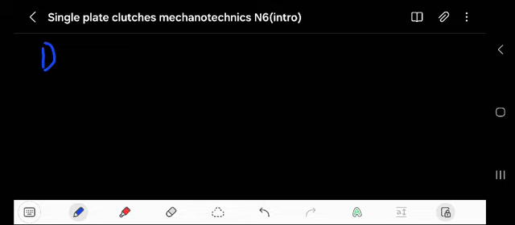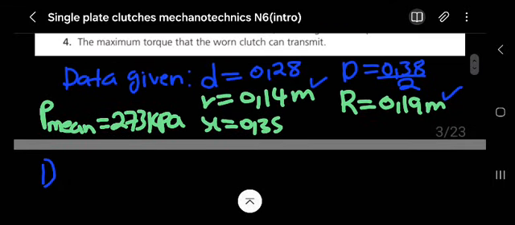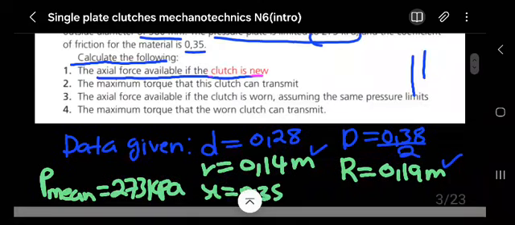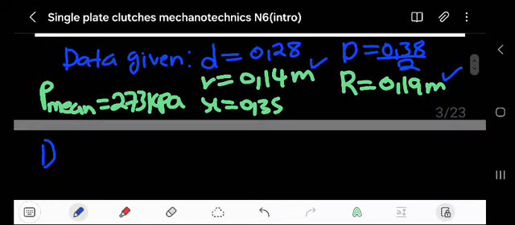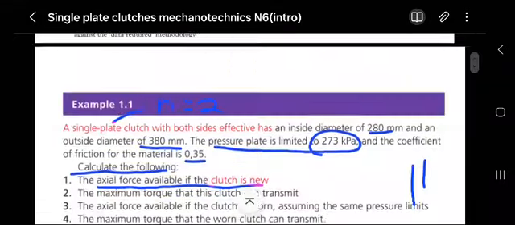Sorry, I had a problem with this pen. Okay, it's fine. Now, the axial force if the clutch is new will be Fa. Which formula will we use here?